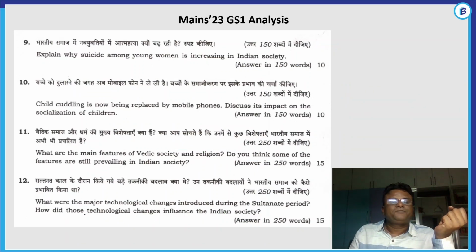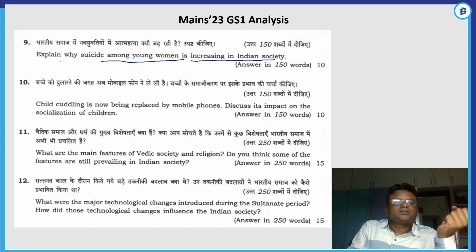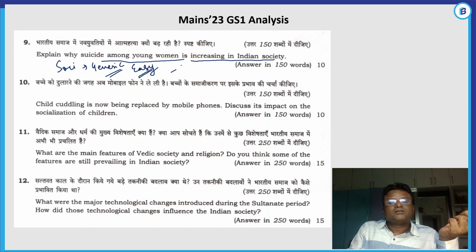The next question. Explain why suicide among young women is increasing in Indian society. Now, this is again a society question. I would call it a simple generic question, an easy question. You should be able to answer that, based on various topics: relationships, mental stress, parental pressure, etc. Whatever factors you can think of.